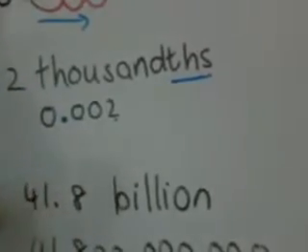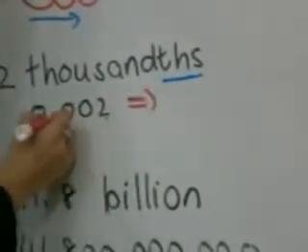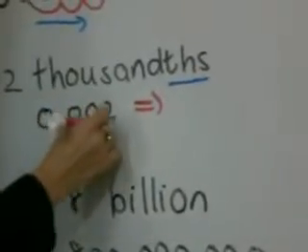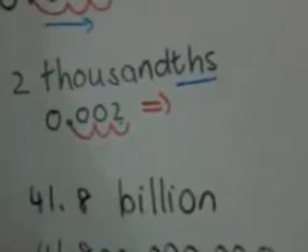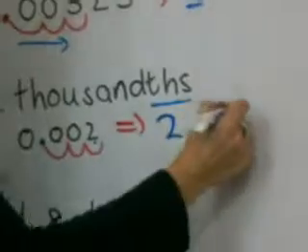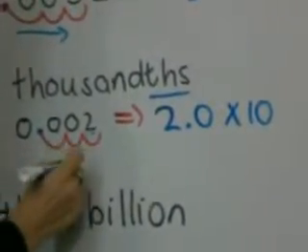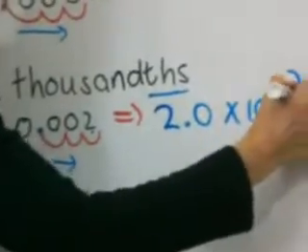That is what 2 thousandths looks like. And then if I rewrite that in scientific notation, I'm going to move the decimal point 1, 2, 3 places. So this becomes 2.0 times 10 to the 1, 2, 3, and it's to the right, so it's negative 3.